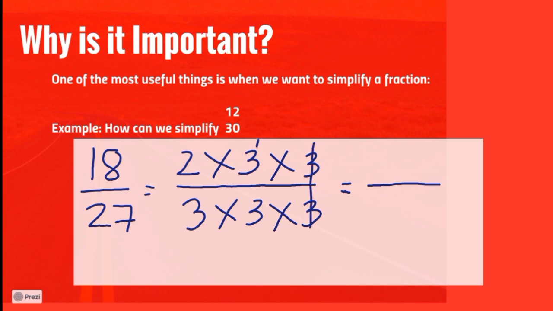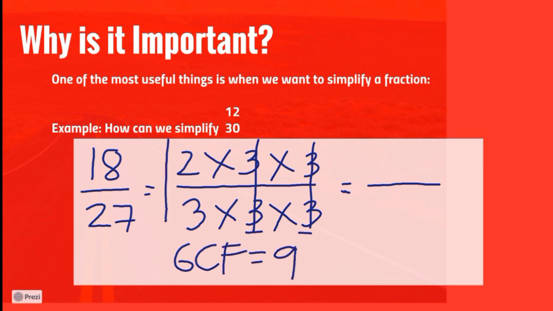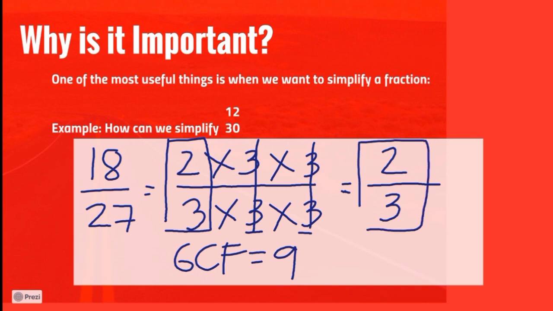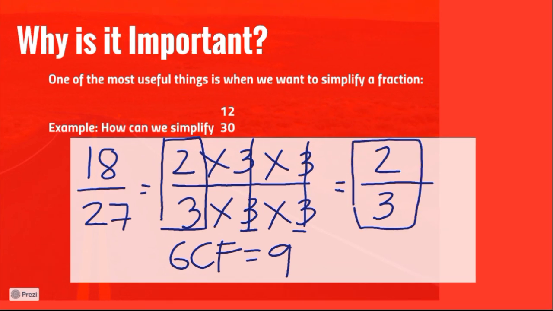Yung 3 at yung 3. So, ang GCF ay 9 kasi 3 times 3. Pero ang magiging sagot natin, yung hindi common. Kaya ang natira sa taas na 2 at ang natira sa baba na 3 ay yung simplified fraction niya. So, ang 18 over 27 is 2/3.